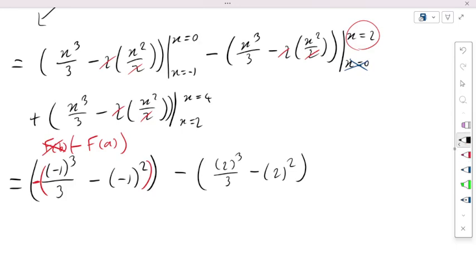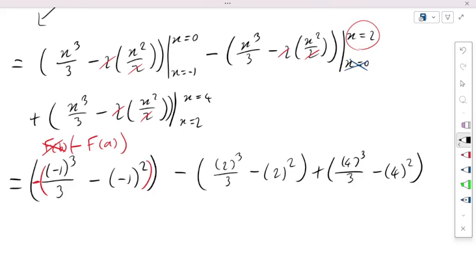So from here, now we don't have to deal with the zeros, so that's cool. But you have to deal with calculations, so I'm just going to get the answer out. But first of all, hold on, relax. We need to evaluate. So here we're going to take in the 4. So it's going to be 4 all cubed divided by 3 minus 4 all squared.